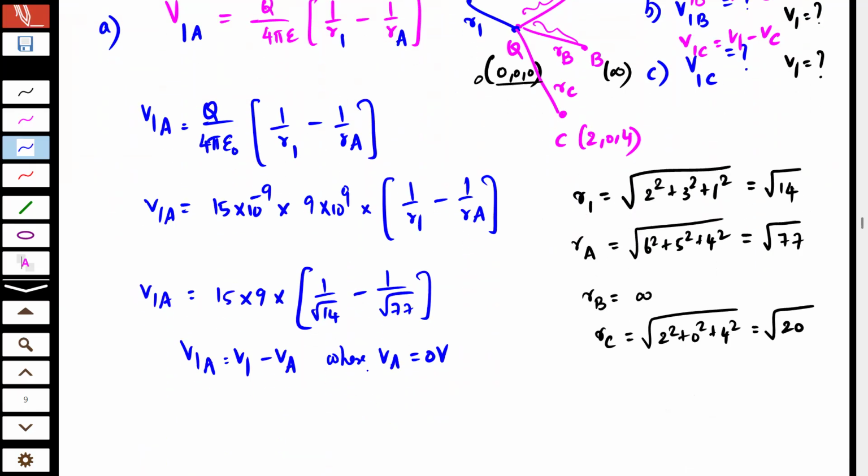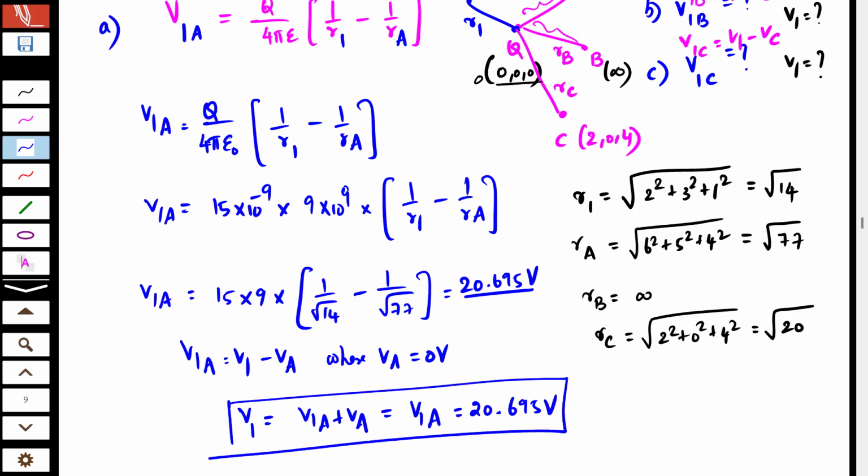So we can find V1A from this, and we can write V1 as V1A plus VA, which is the same as V1A, which is going to be 20.695 volts. You can compute and check whether you are also getting the same answer. So this is for the subdivision A.